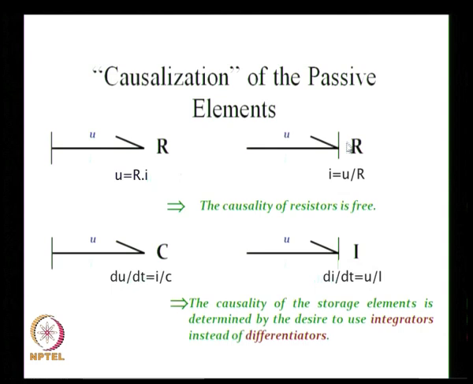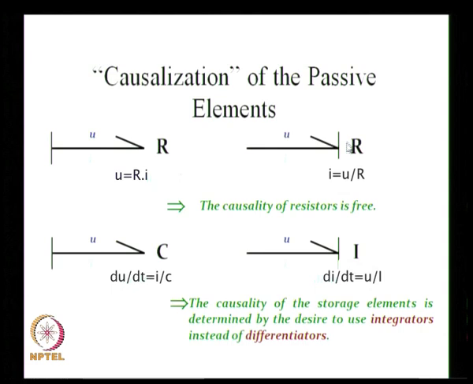So now you can supply a current to this element and get a voltage drop. So I is given as an input and U is the output. So you can calculate U is R multiplied by I, that is the relationship for this causal stroke. In this case the causal stroke is on the left side, then the relationship is U is equal to R I.